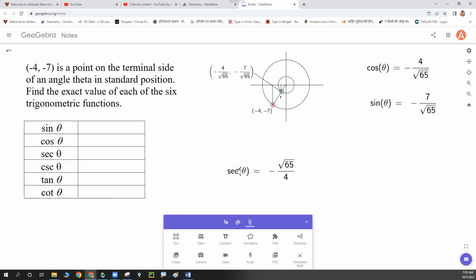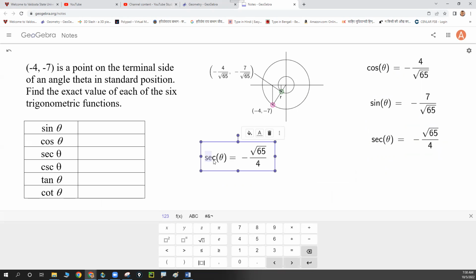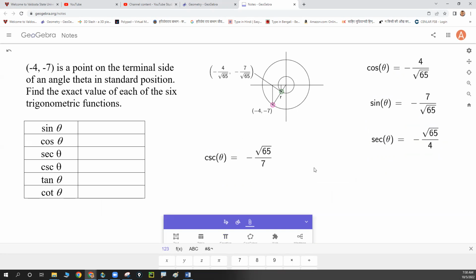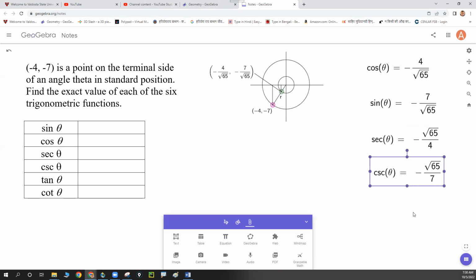And don't mess up here. And cosecant is the reciprocal of sine. So I have four of them, and they were relatively easy, right?